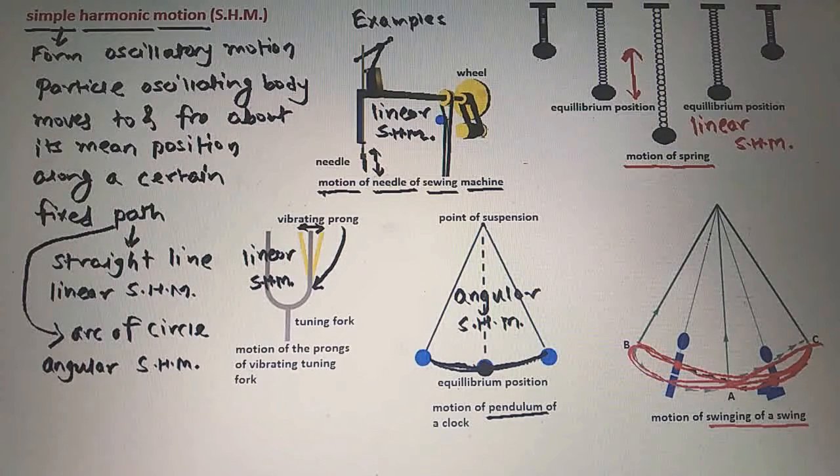So the swinging of a swing is an angular simple harmonic motion, an example of angular simple harmonic motion.